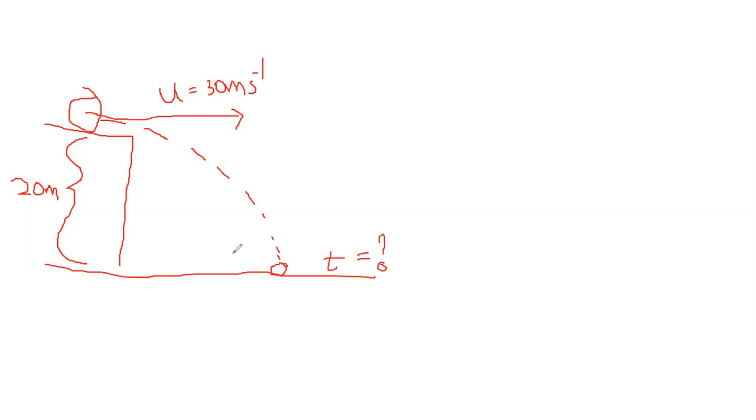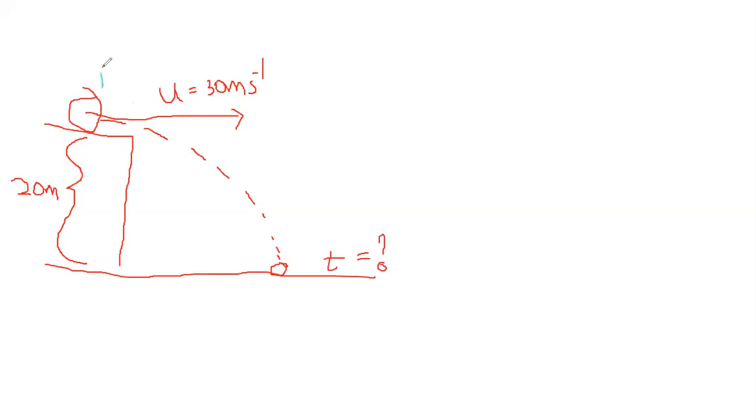So this is another type of projectile movement. It was launched horizontally and comes down. It's half of the projectile movement. Again, we're going to visualize two cameras here.